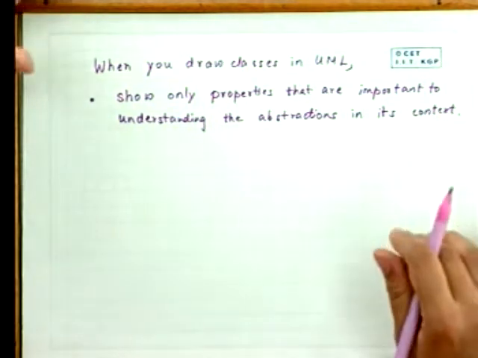If a class has too many attributes or too many operations, it may not be necessary to show all these attributes and all these operations in all the class diagrams and all the views in UML. You need to elide or hide some portions which are not relevant to the abstraction that you have in mind.